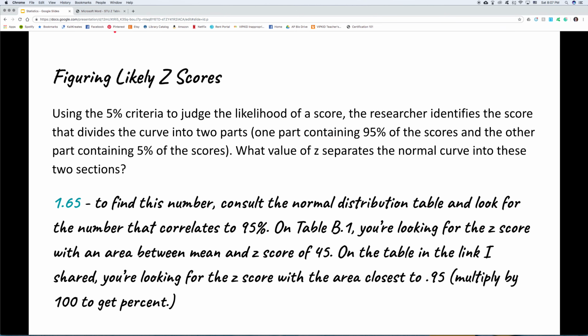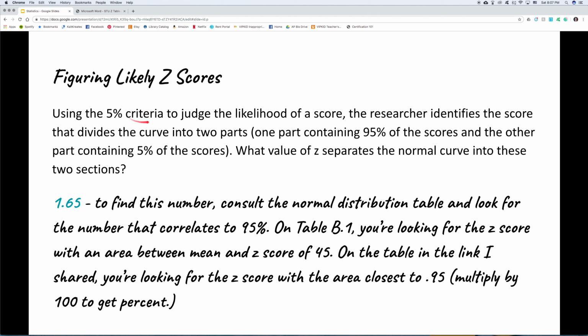So to figure out the likeliness or the percent above and below what separates it, you're going to do kind of the same thing, except this time we're going to be looking at that area and then find the z-score that corresponds to it. So, using the 5% criteria, the researchers were only interested in what's in the 95% versus the other 5%.